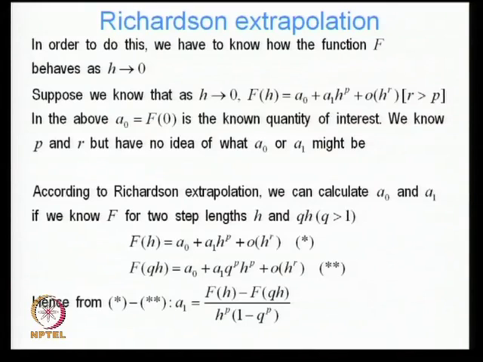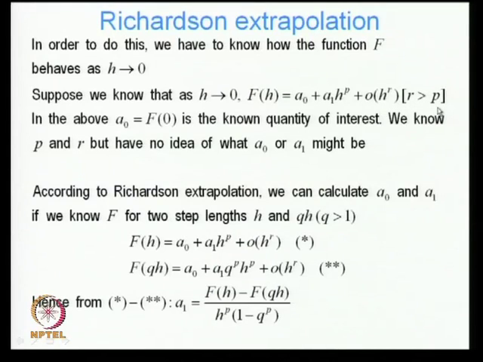We can use Richardson extrapolation provided I know how the function behaves as h becomes smaller and smaller. Suppose I know that as h goes to 0, f of h is given by this relationship: f of h is equal to a0 plus a1 h to the power p plus order h to the power r, with r greater than p.